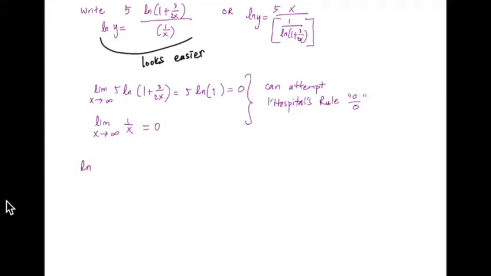So I write down natural log of y. So I have 5 natural log 1 plus 3 over 2x over 1 over x. And then I will take the derivative of both the top function and the bottom function.